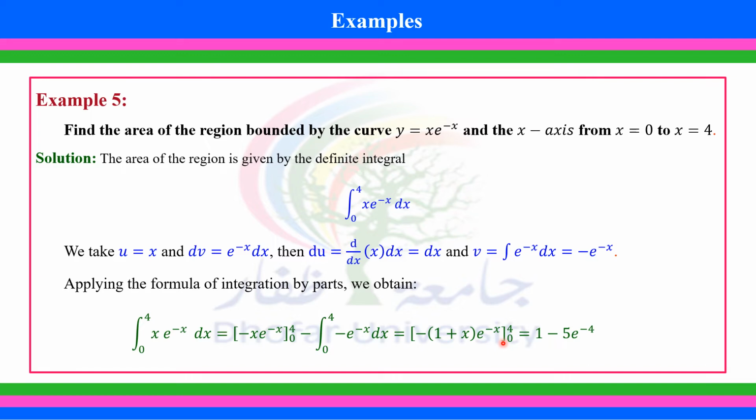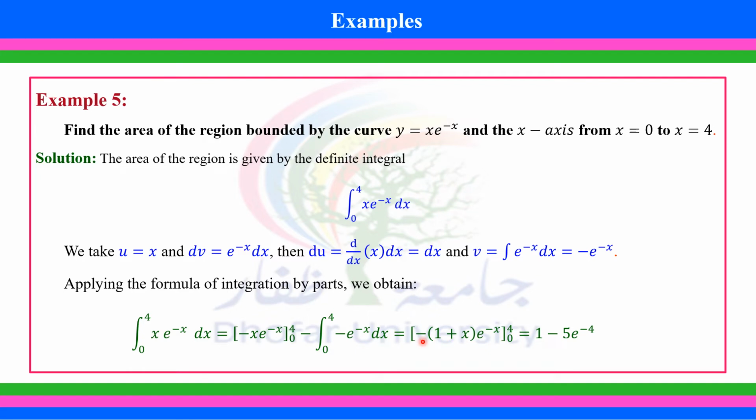Now when we substitute x equal 4, we obtain 1 plus 4, that is 5, exponential minus 4, which is this term here. And when we substitute 0, we have 1 plus 0, that is 1, multiplied by exponential minus 0, that is 1 also.